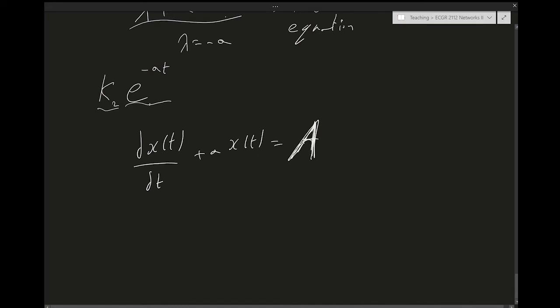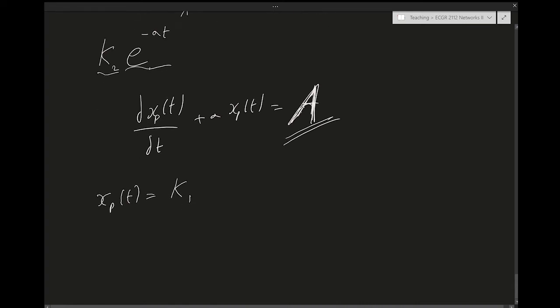Typically, people assume a solution for x_p that has the same form as the forcing function. The forcing function is a constant, so they assume that x_p is some kind of constant, k1.